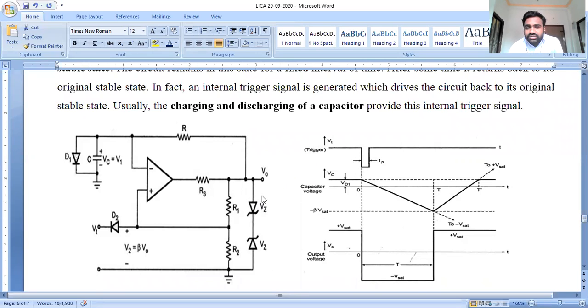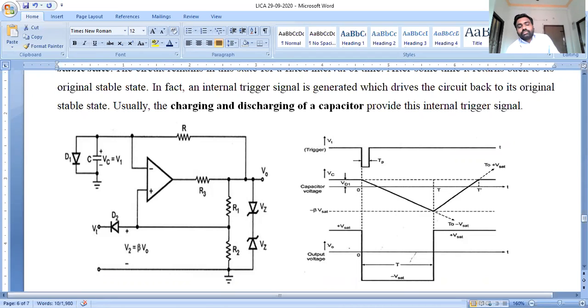The external triggering circuit consists of these two Zener diodes, this rectifier diode D2, and a clamping diode which is connected next to the capacitor. So this external circuit helps us in triggering a one shot or negative shot. This negative shot is applied to the multivibrator circuit, and we will analyze the behavior of the output from positive saturation.